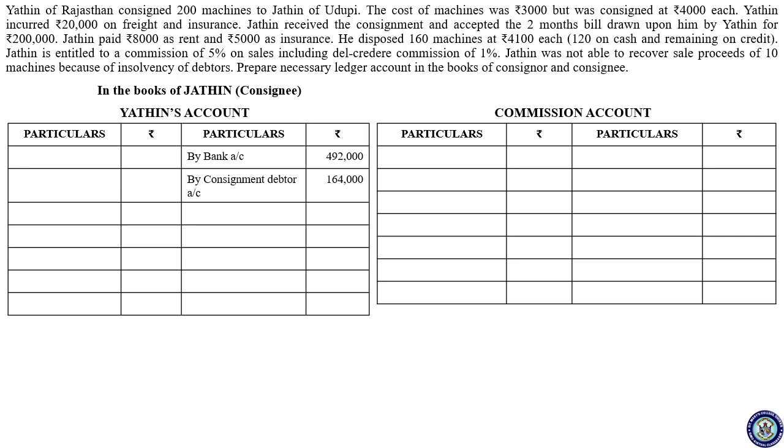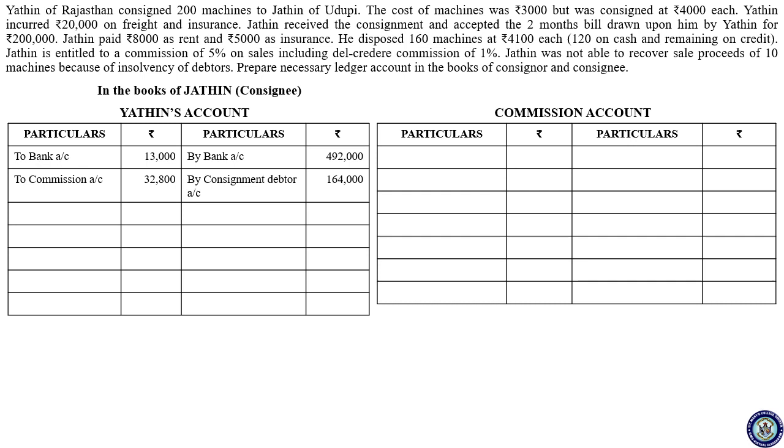Okay, so we have to pay the expenses to Jatin, right? So it is to bank. Jatin's account debit to bank account. So you have to pay the commission. So Jatin is the receiver. Jatin's account debit to commission. You have drawn the bill.